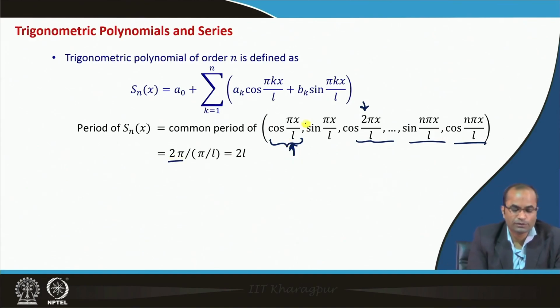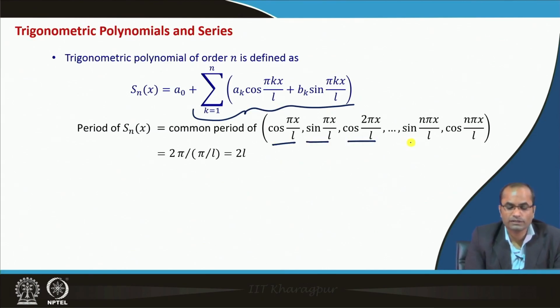The common period will be 2 pi divided by the number pi by L, so 2L. So this trigonometric polynomial, which is just the addition of all these functions, has common period 2L.